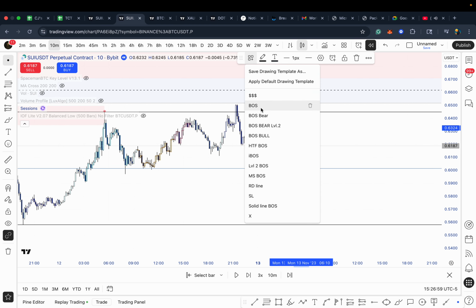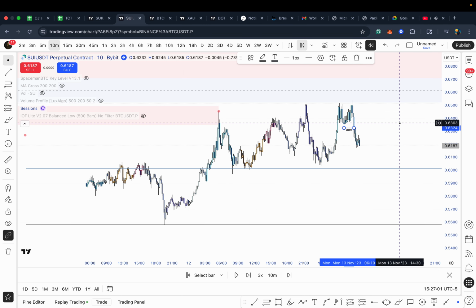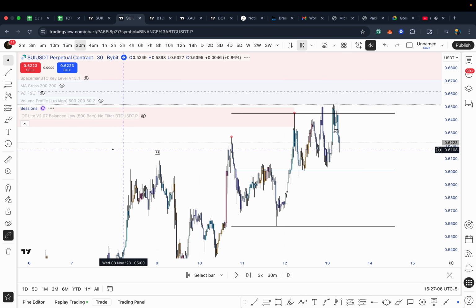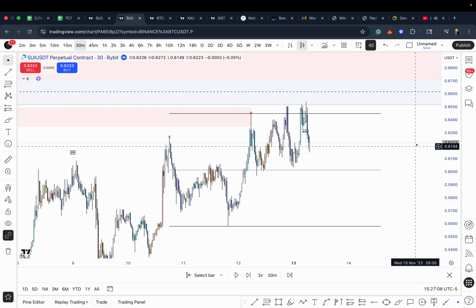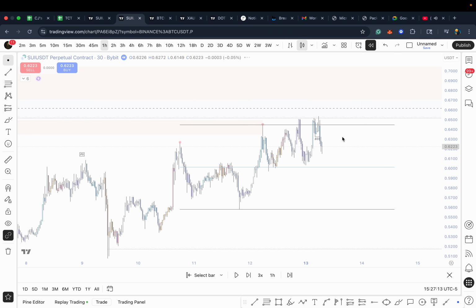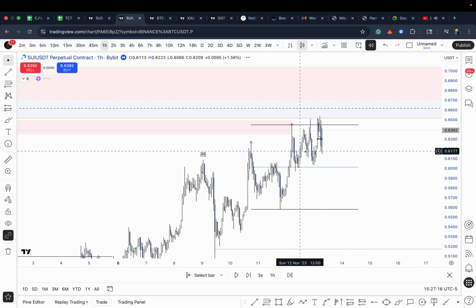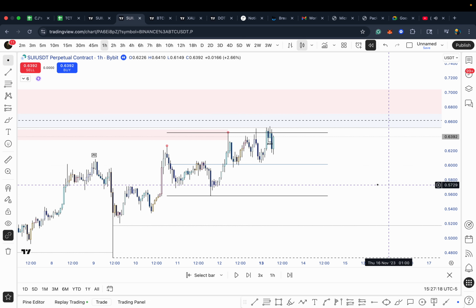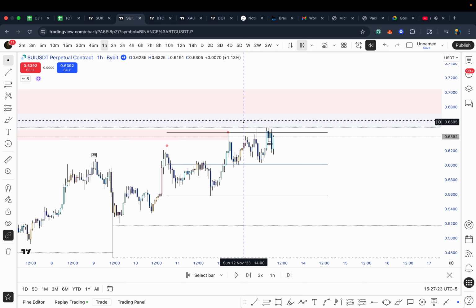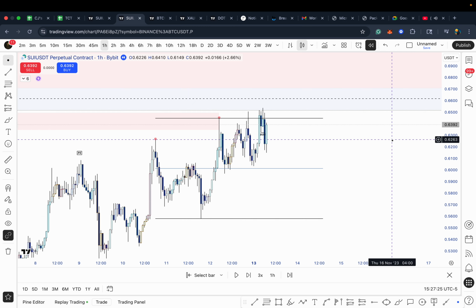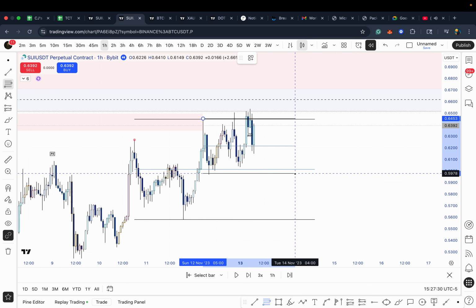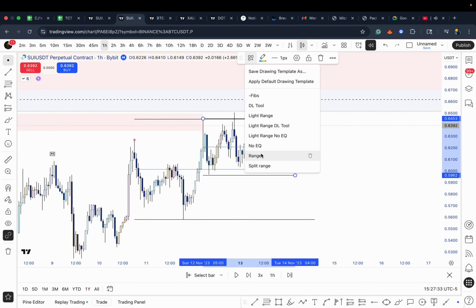So let's look at this, and can you validate this as a model? This is where system-based focus comes in, I think, because if you come onto the higher time frame, you can't really validate this range currently as a 3-tap, as a TCT model, because the only way you would have to do it is by looking at this range like this, and it's not really that clean of a range.